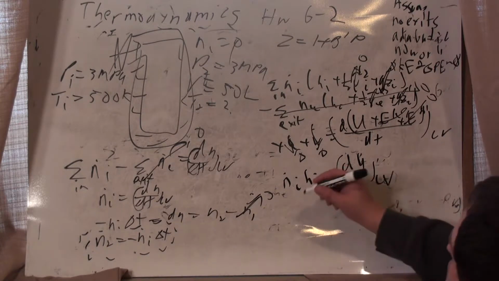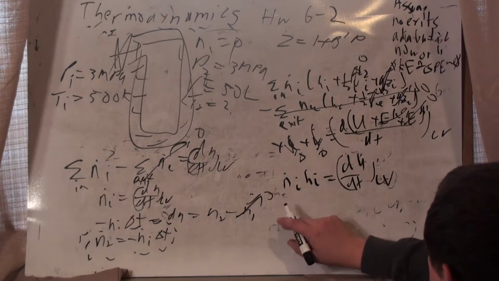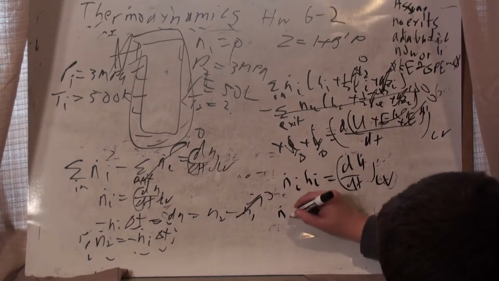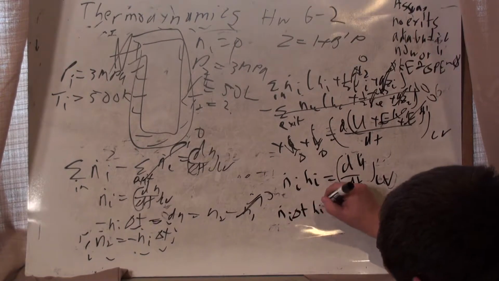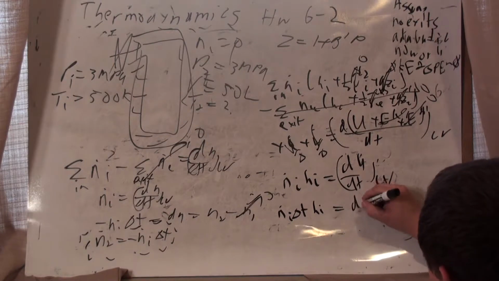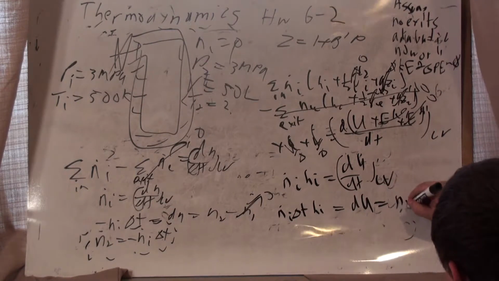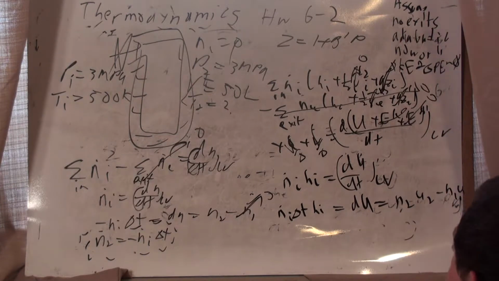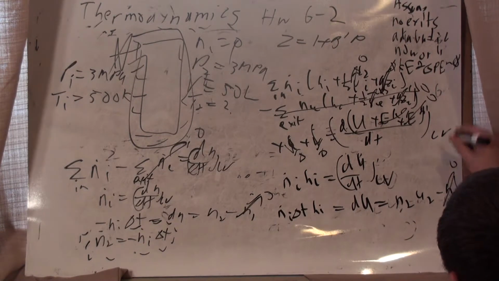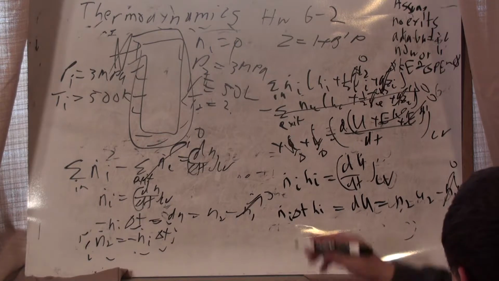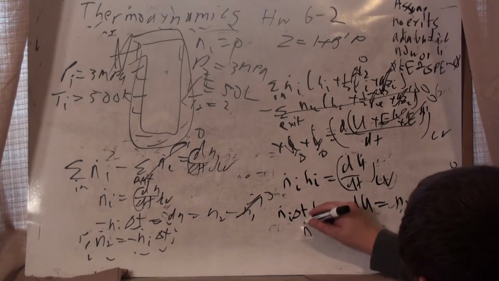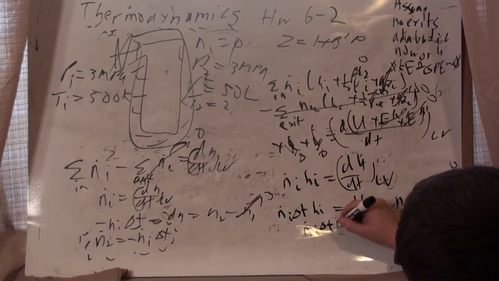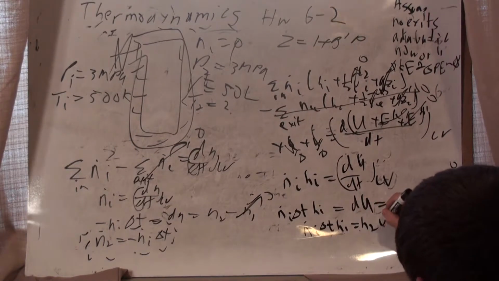So we have N dot I, and if we get rid of the terms, we have N dot I delta t HI, and that equals dU, which is equal to N2 U2 minus N1 U1. Well, there are no initial moles. We've already established that. So I have N dot I delta t HI equals N2 U2.